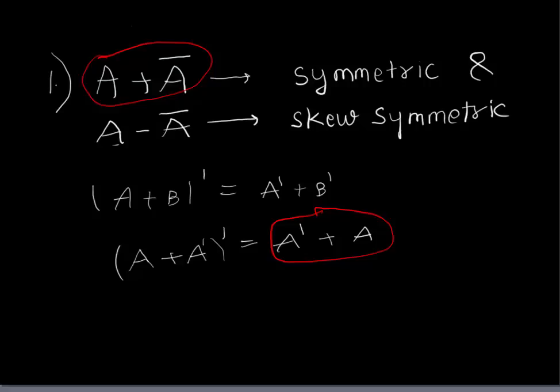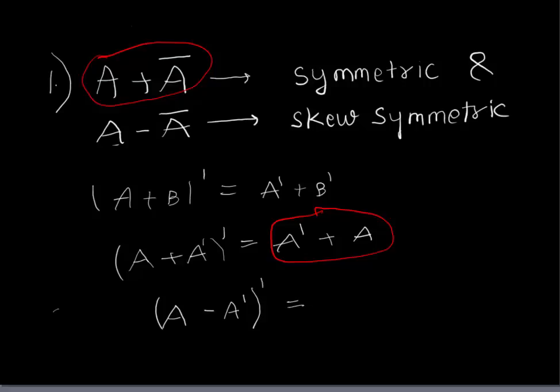Now let us prove the second subpart. I'll change my color to white. For the second part, we will apply this property again, and let's say that I take my B as minus of A transpose, and then I take the whole transpose of this.